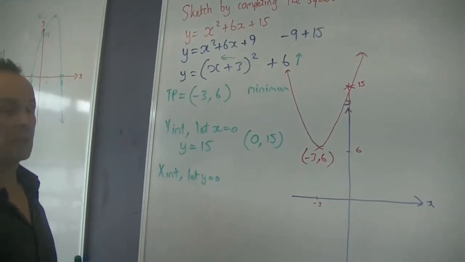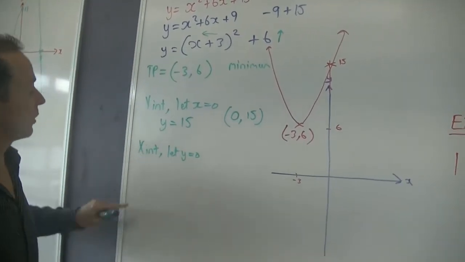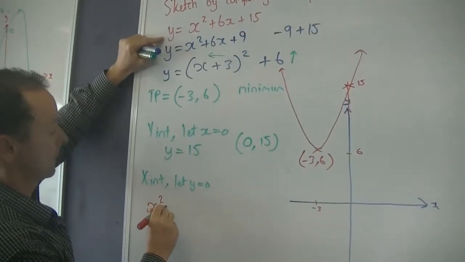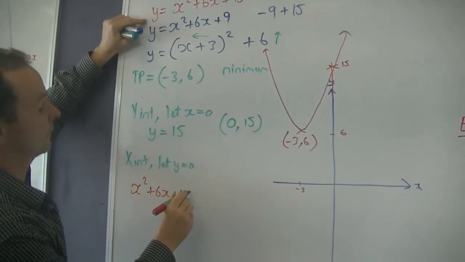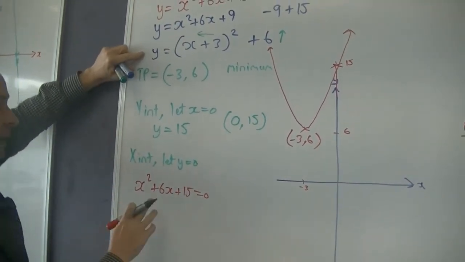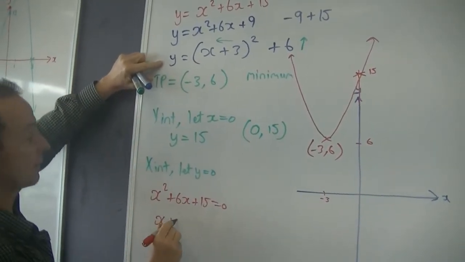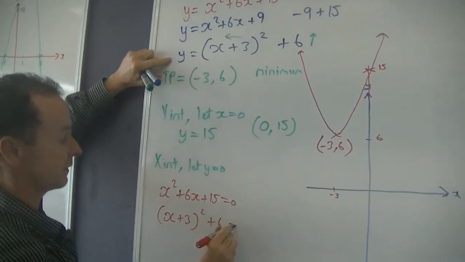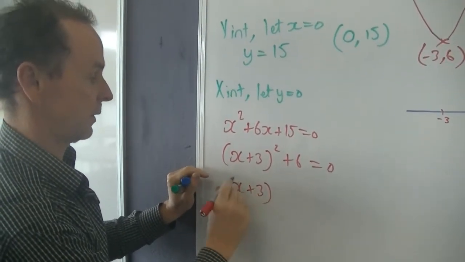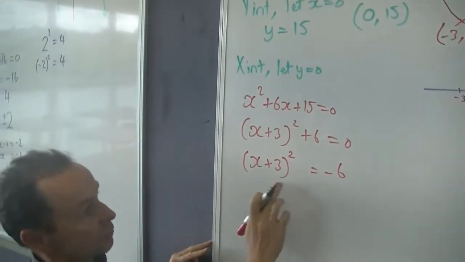They don't exist. Let's try and work it out just in case. So if we didn't realise that straight away, let y equal 0. So we get x squared plus 6x plus 15 equals 0. You could try and factorise that, it won't work, but you could use x plus 3 squared plus 6 equals 0. So let's subtract 6 from both sides. Equals negative 6. Okay, so we have to square root both sides.